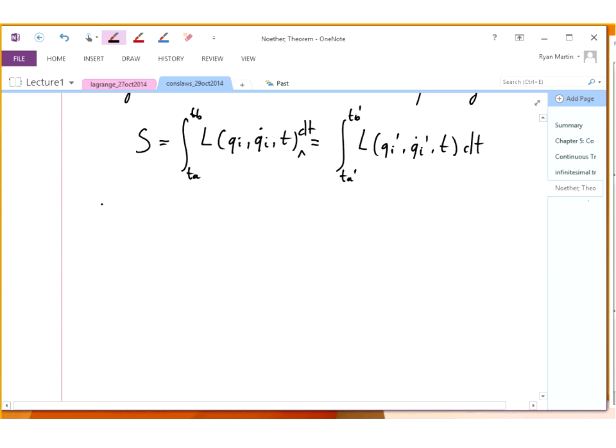So what we want to do here is consider the infinitesimal case.